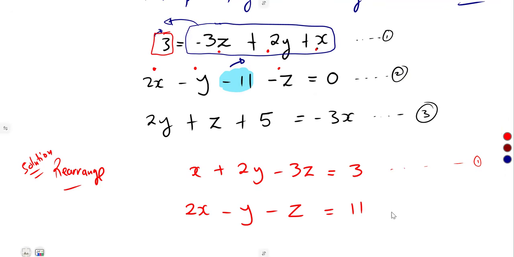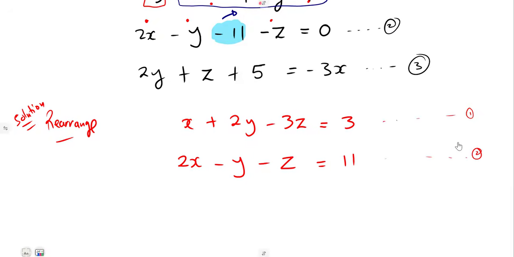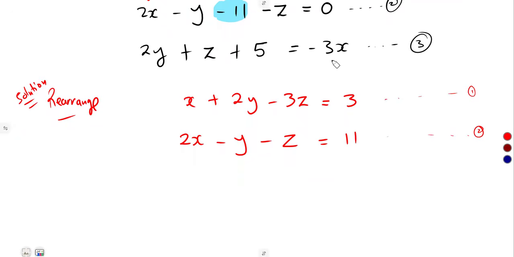The third equation, we can see that, all right, the terms are just randomly given here. So let's take this x to the left-hand side as we've got other terms already on the left-hand side. Minus 3x is going to change the sign the moment it crosses the equal sign. So that will be positive 3x.